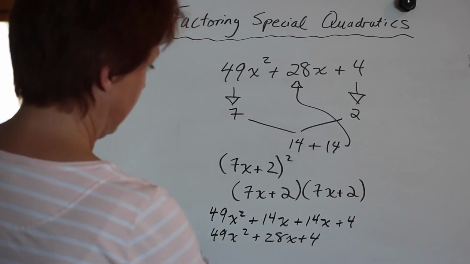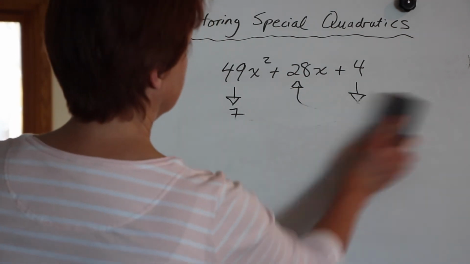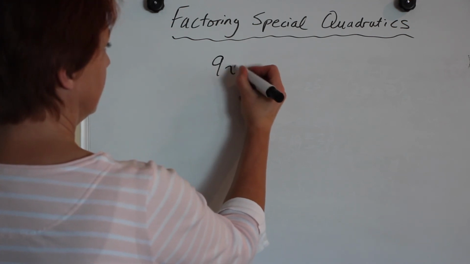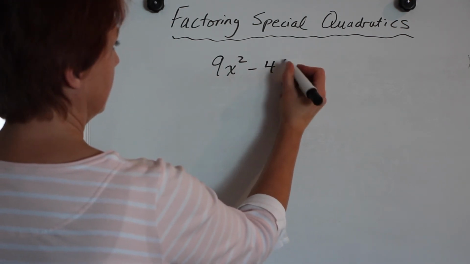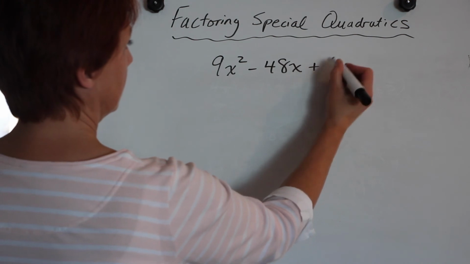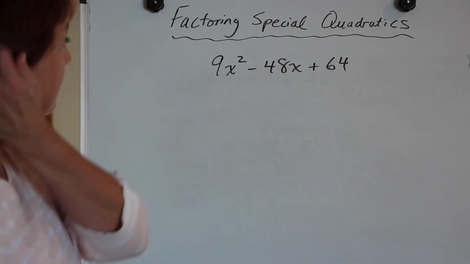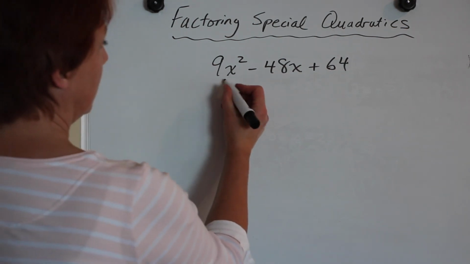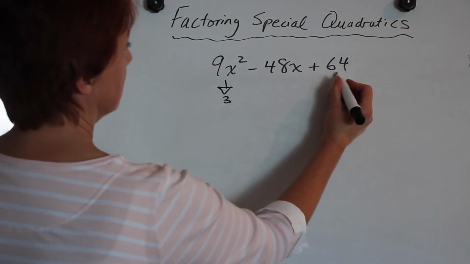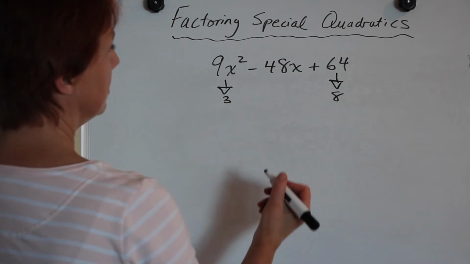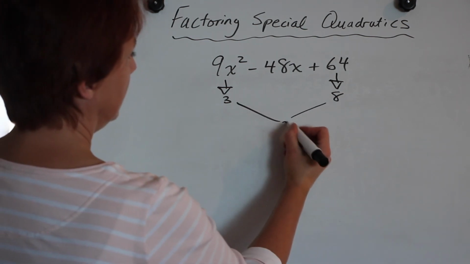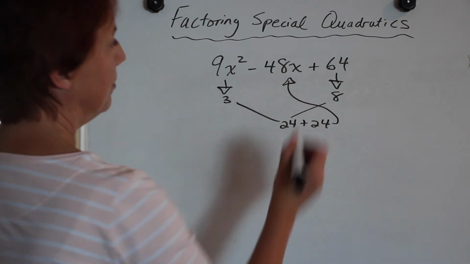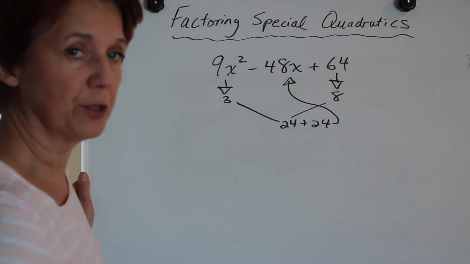Okay, let's try another one here. Alright, so once again, we've got a perfect square. We're going to take the square root of this, take the square root of this. We're going to multiply them together, add it to itself, and if we're getting that number, we have a perfect square trinomial for sure.